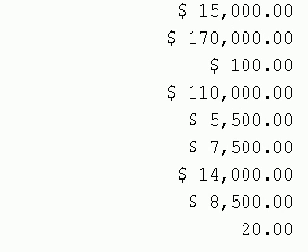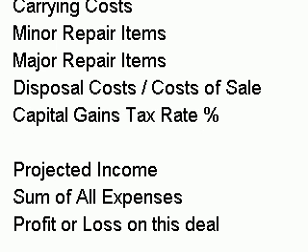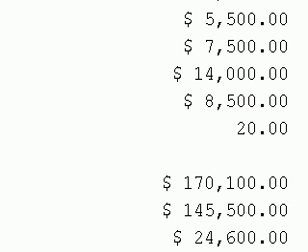Then what it's calculating is a projected income, the sum of all of the expenses that we had, and then whether we had a profit or loss. So our projected income is basically when we sell it at the end plus any loan principal reduction. In this example, we have $170,100 in income.